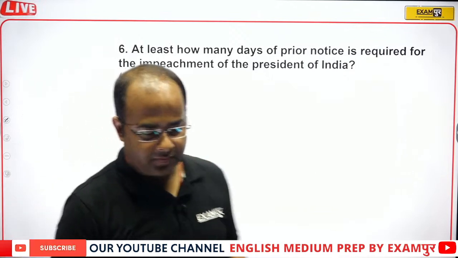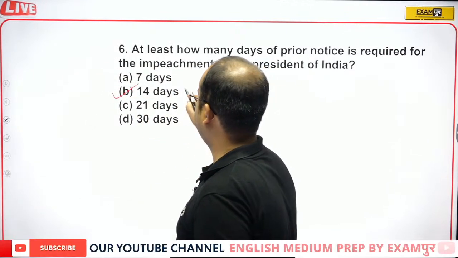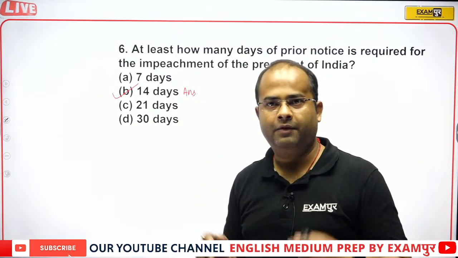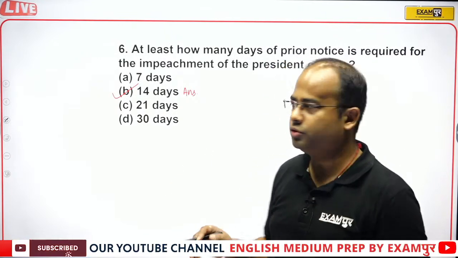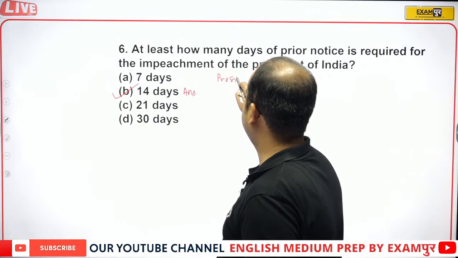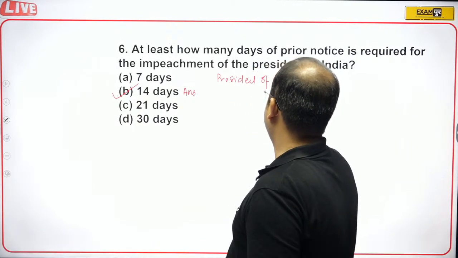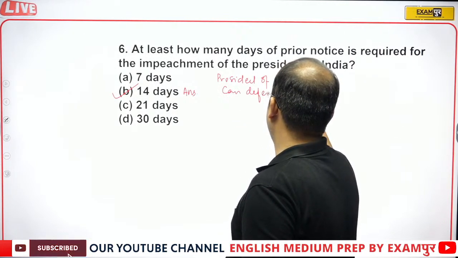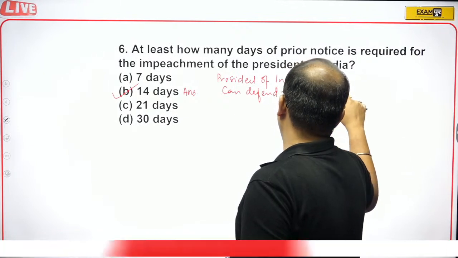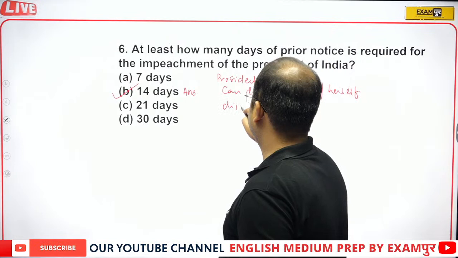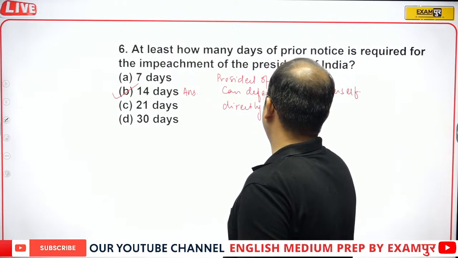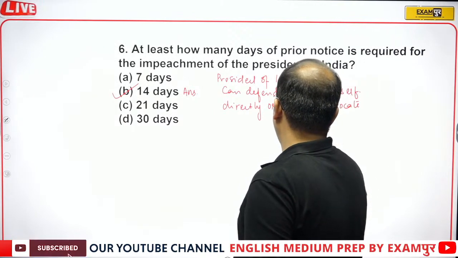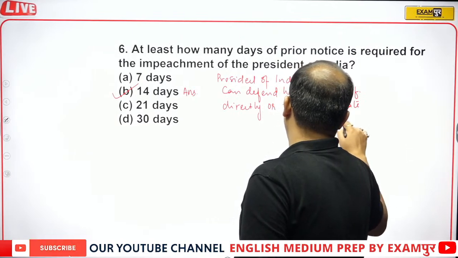So guys, the correct answer will be 14 days. So at least 14 days prior notice will be given to the President of India so that the President of India can defend himself or herself, directly or through an advocate of his or her own choice.